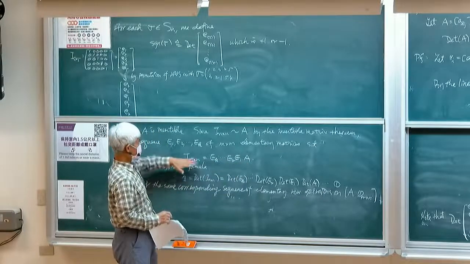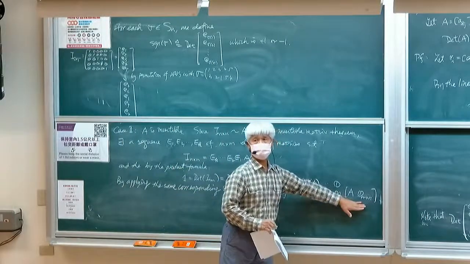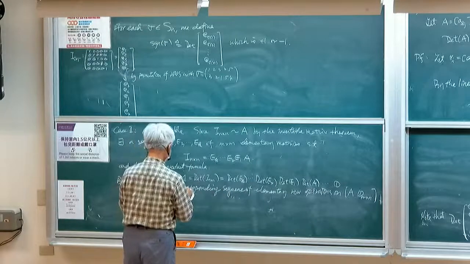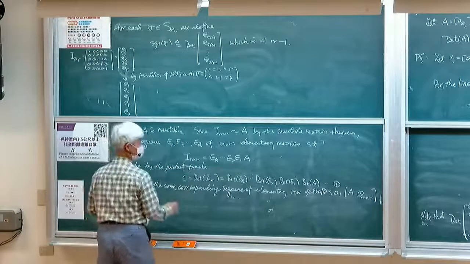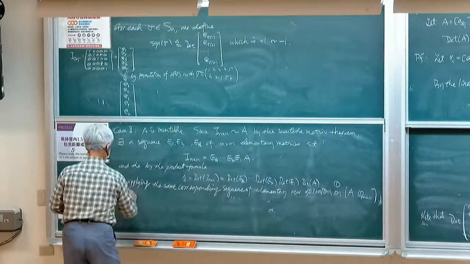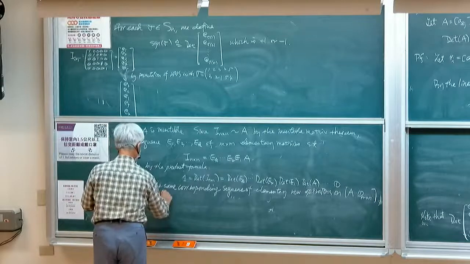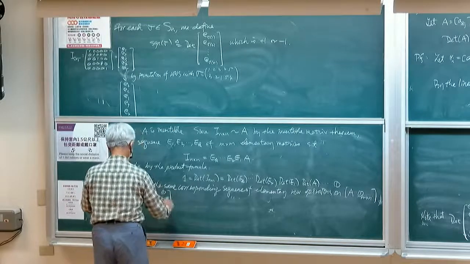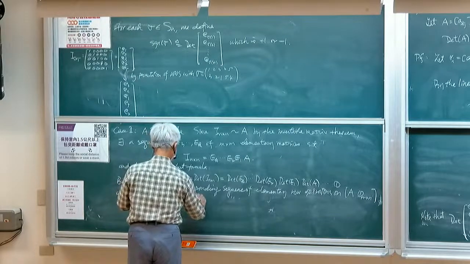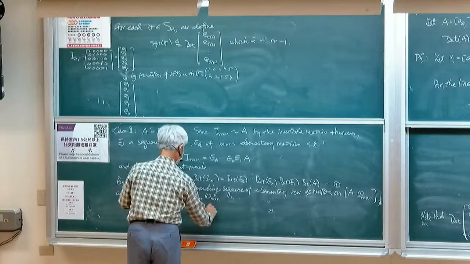And then we apply the same row operations on this matrix. Okay? So that we turn this matrix A 0 CD to the identity and the CD.